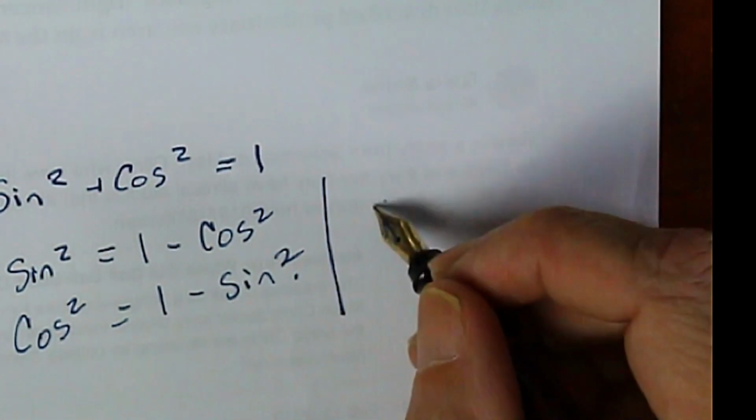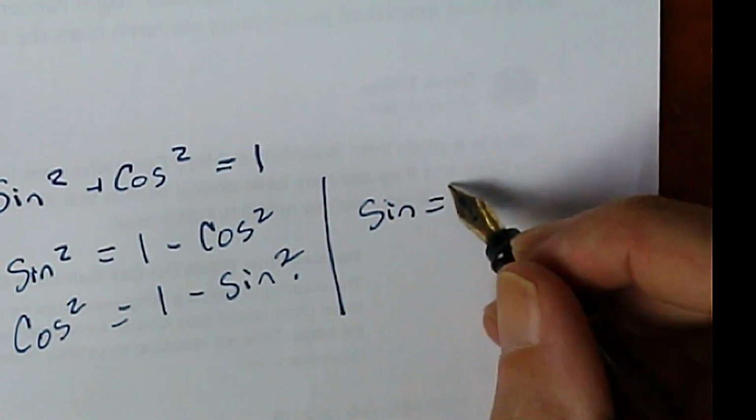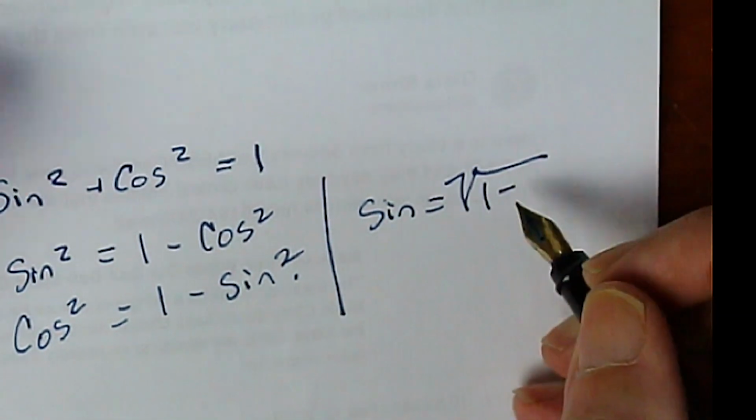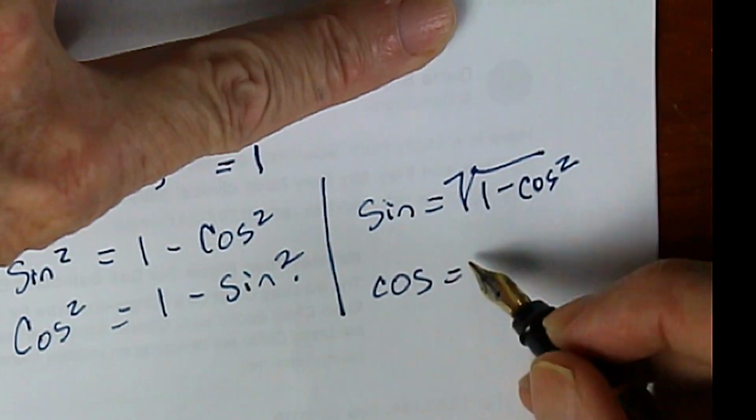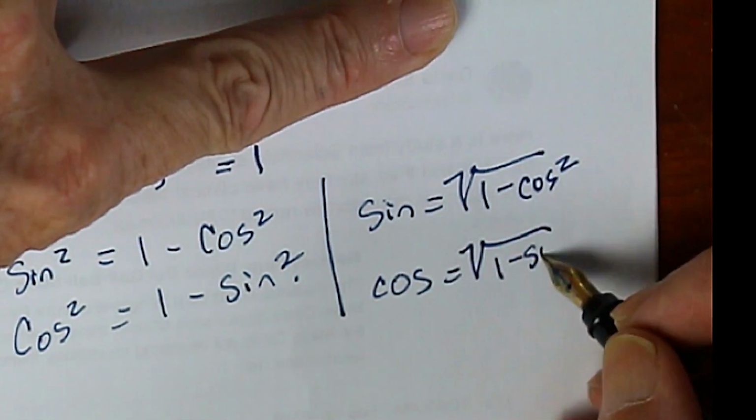Now, moving this over, we know that sine equals the square root of 1 minus cosine squared, and we know the cosine equals the square root of 1 minus the sine squared.